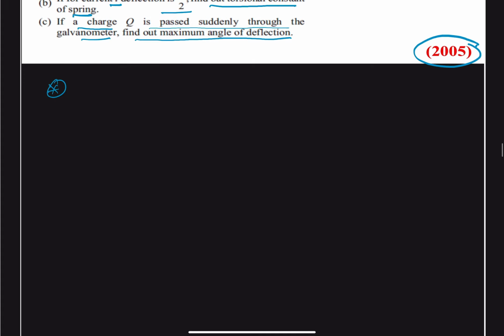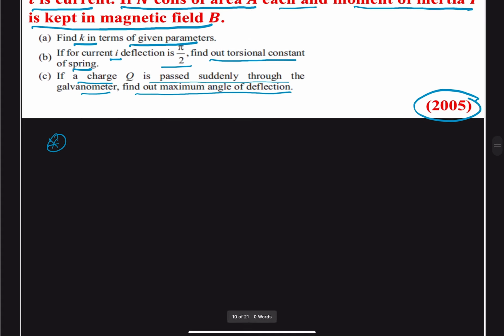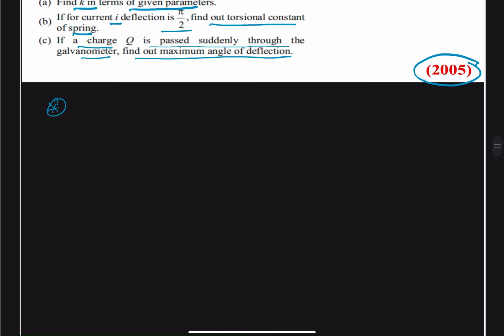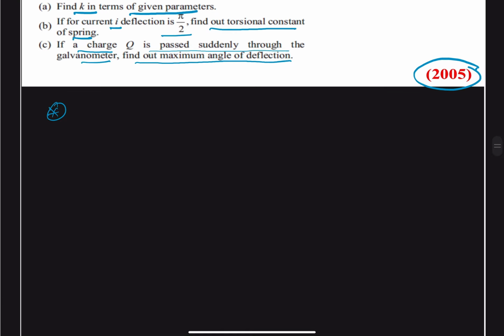we are given that torque is given as K multiplied by I. We can say torque tau is equal to K multiplied by I, where this K is our galvanometer constant and I itself is given as current. So K here is galvanometer constant.